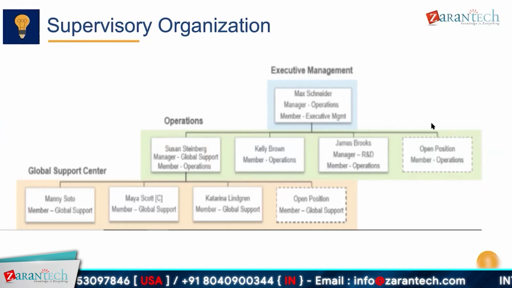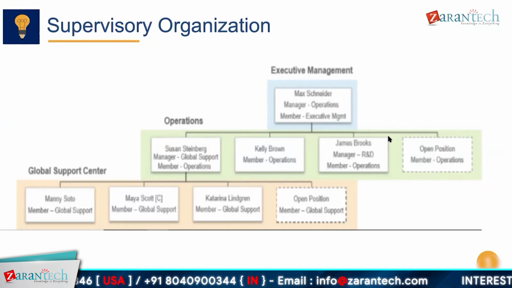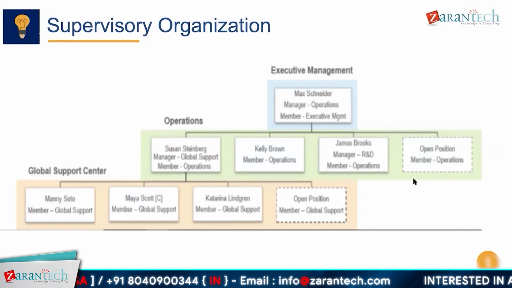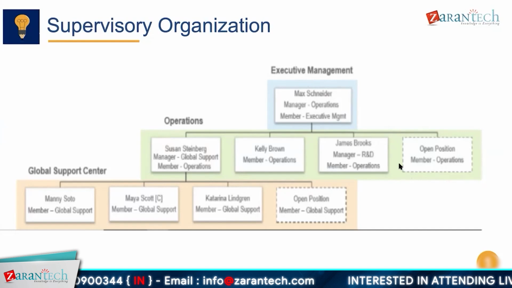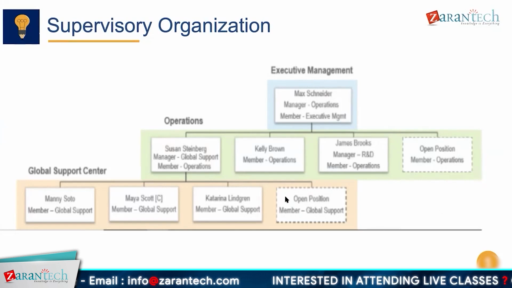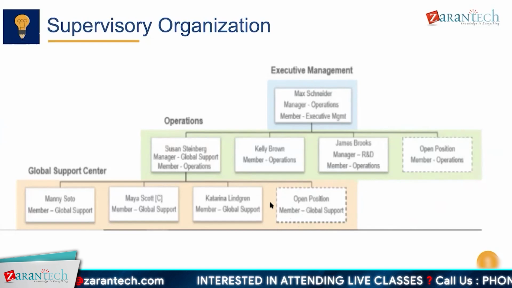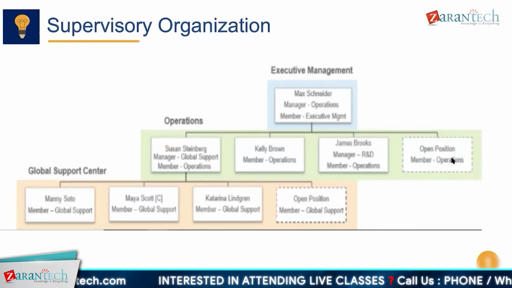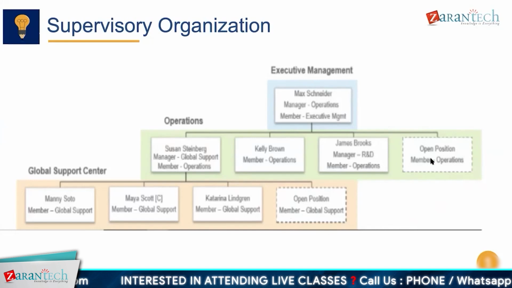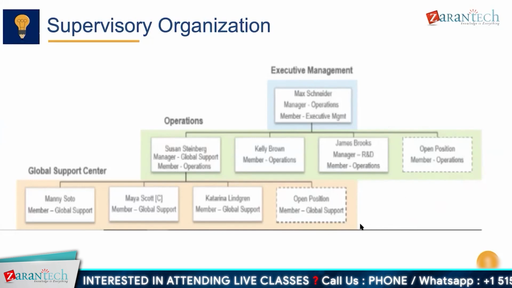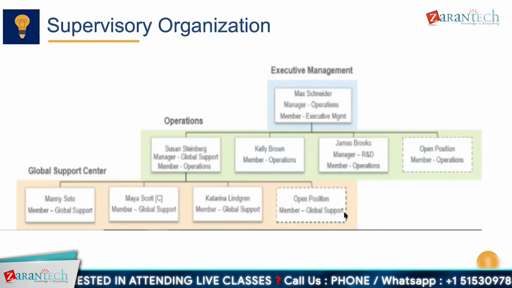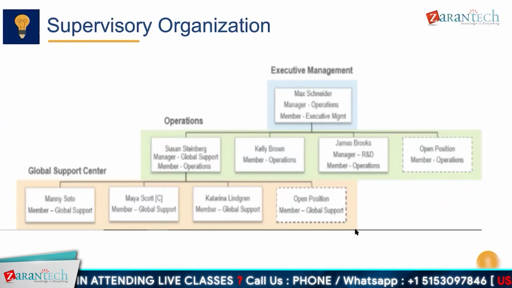So you can see this is the open position, and that's how you see that in the system: whenever there is an open position in a certain supervisory organization, you will be able to see that position. Similarly, this is member global support. This is also an open position. So there are right now 2 open positions shown in this particular diagram.